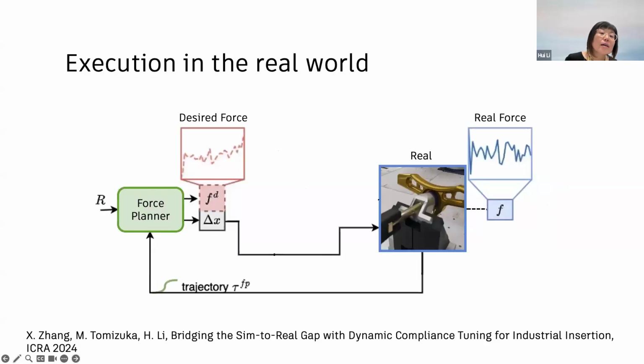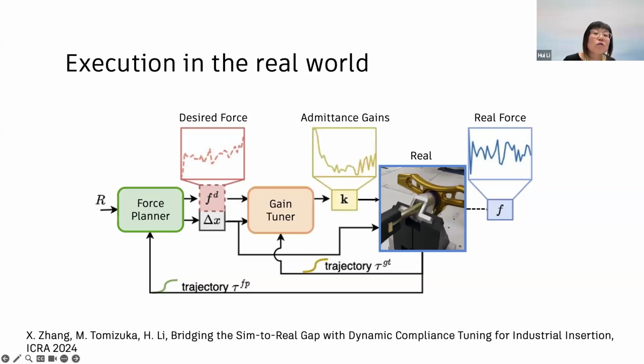Then in the online phase, during execution in the real world, the force planner takes trajectories from the real world and outputs both the robot motion and desired contact force.